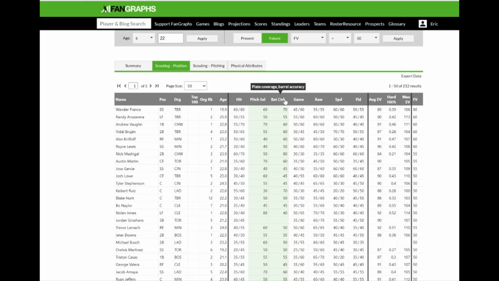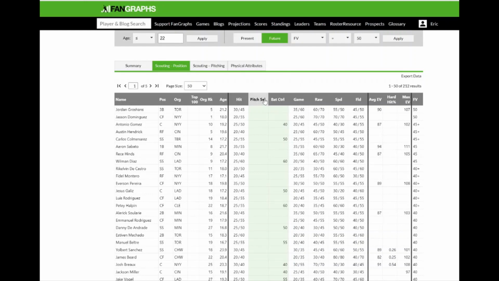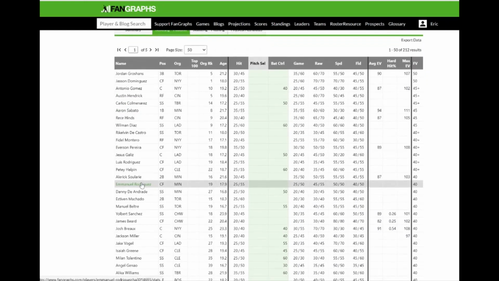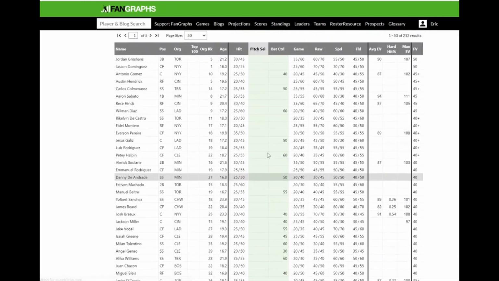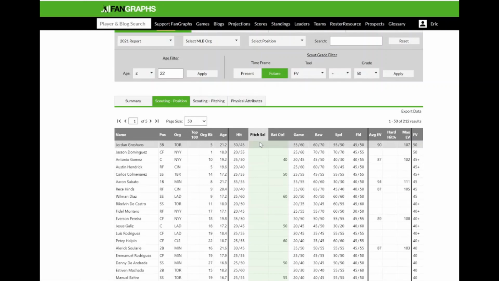This is sort of like a scientific reductionist approach to thinking and talking about this stuff. And for the players who don't have very much, if any, big league data at all, you can see I just leave the pitch selection cell blank, basically, right?